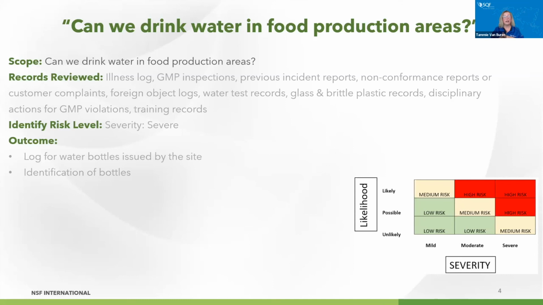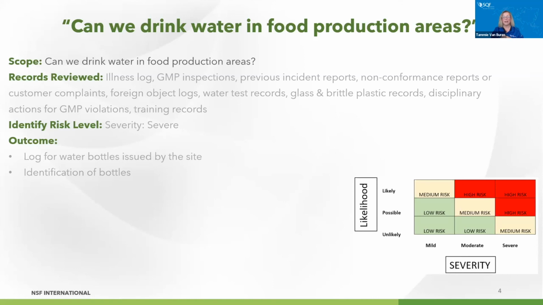Then we got to the severity of the risk. We decided it was pretty severe with having water at the workstation. We had just started talking about likelihood when we got cut off.